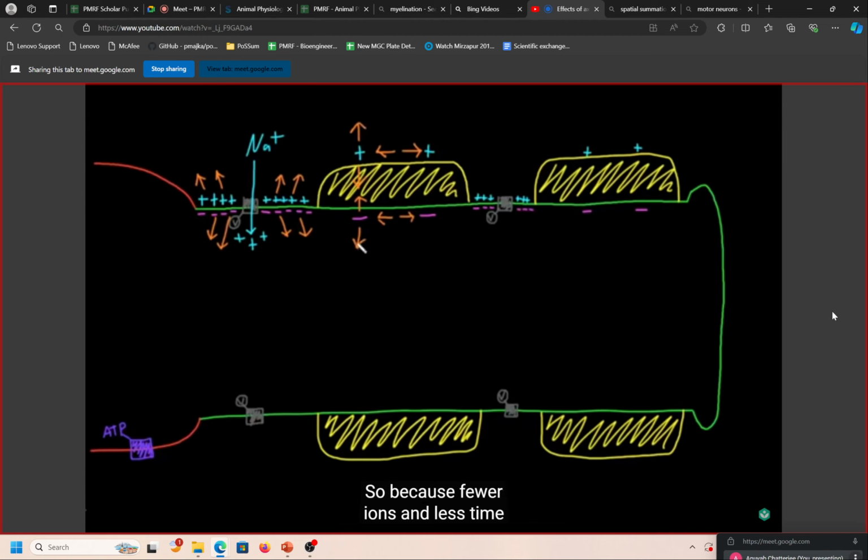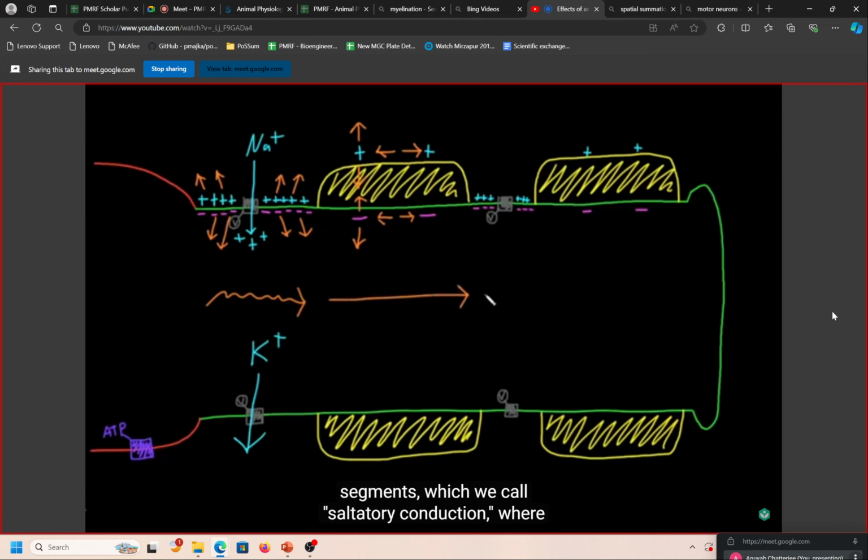So because fewer ions and less time is needed to discharge or depolarize the membrane in the myelinated segments, which have a lower capacitance, or to recharge or repolarize the membrane when potassium starts flowing out during the falling phase of the action potential, the action potential is able to travel faster through these myelinated segments than it can through the nodes of Ranvier, which is why we see slower conduction through the nodes than through the myelinated segments. We call this saltatory conduction, where it looks like the action potential is jumping from node to node.